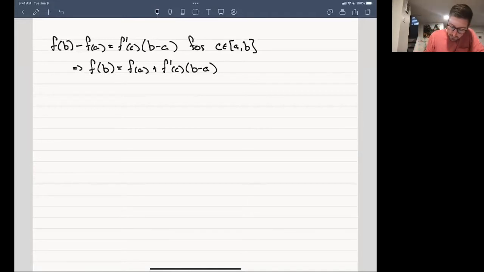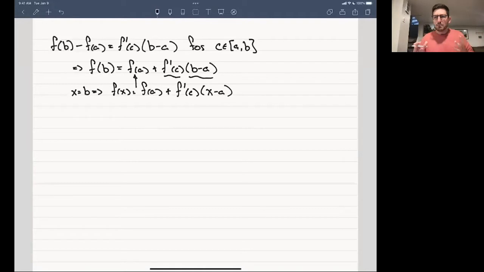Well, you have the point where you're centering your series around, x equal to a. Then the difference, that's your x minus a term. And then you've got your derivative in here as well. In particular, if I let x equal b, then this looks maybe a little more familiar to you, except for that c term. That piece is maybe a little foreign in terms of the Taylor series.